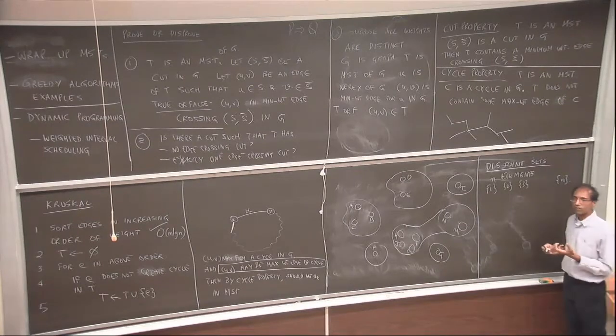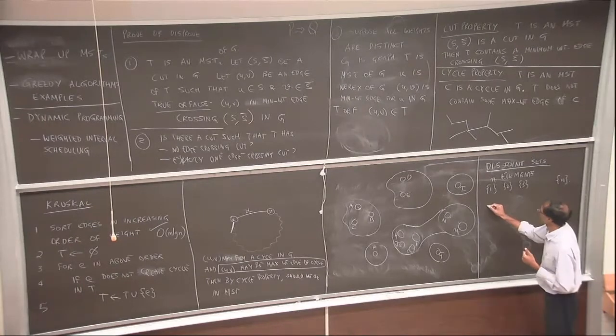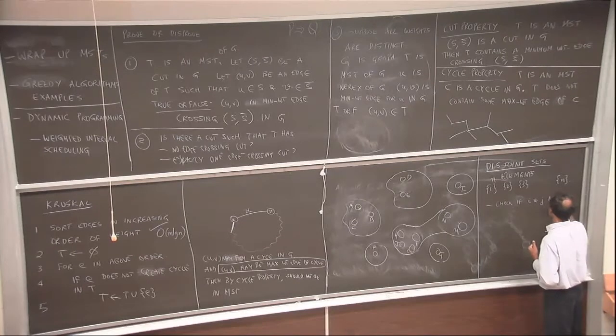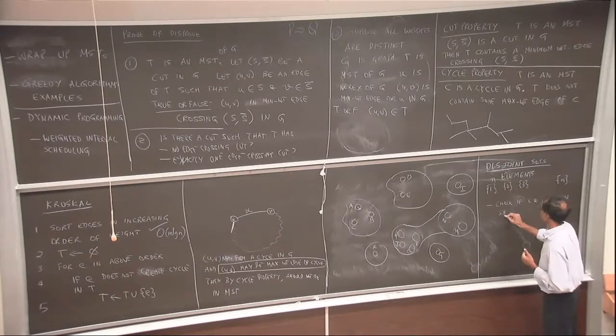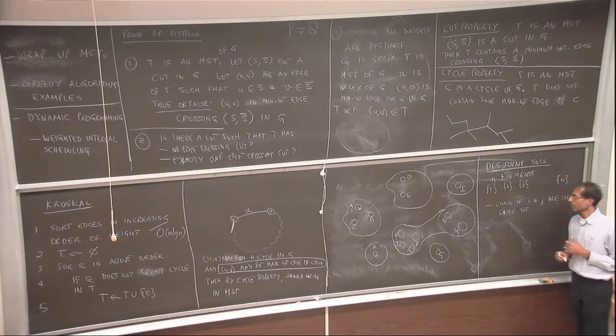And then I give you a few operations. What I would like you to do is check if I and J are in the same set. And I would like you to periodically merge two sets.